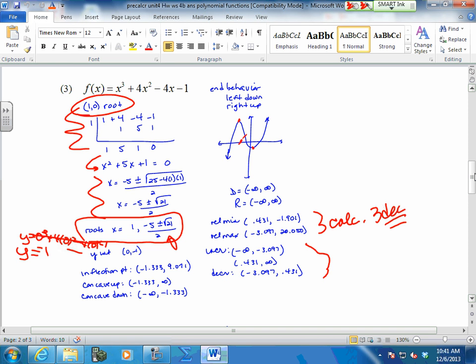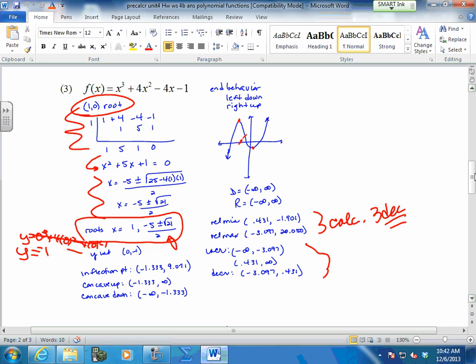So the only thing different than your quiz from last week was our synthetic division. We couldn't factor this the way you factored it last week, when it's a nice little polynomial, we factored out the x, then we were left with an x squared, and we can factor that. But you had to find all these pieces.